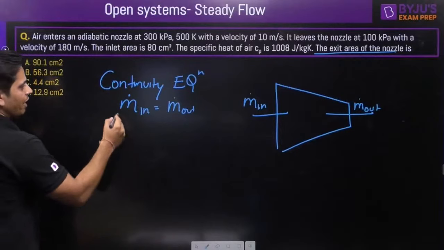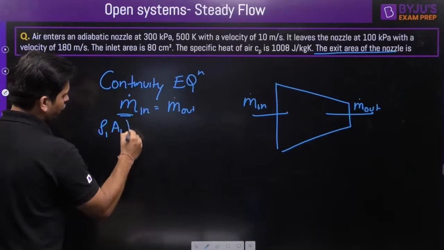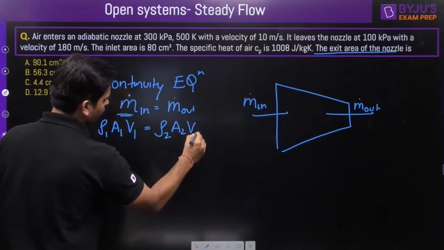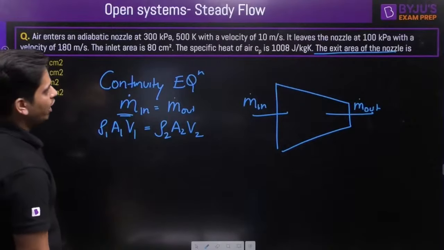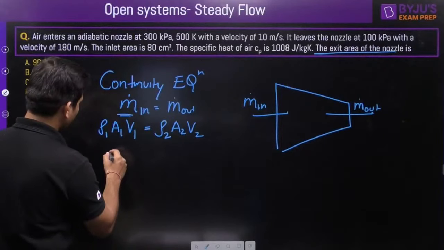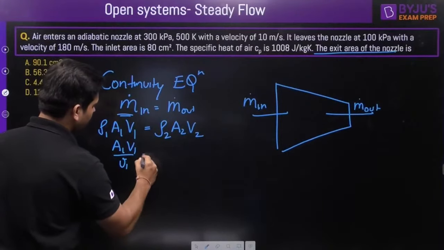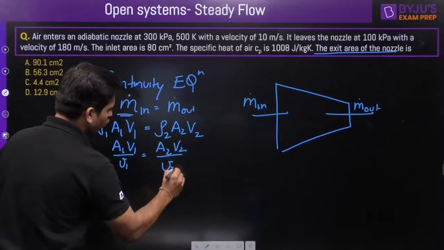So can I write rho 1 A1 V1 is equal to rho 2 A2 V2? I can. So what you need to calculate is the exit area. A1 V1 upon specific volume 1 is equal to A2 V2 upon specific volume 2.